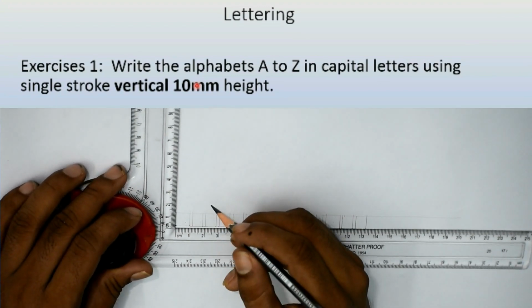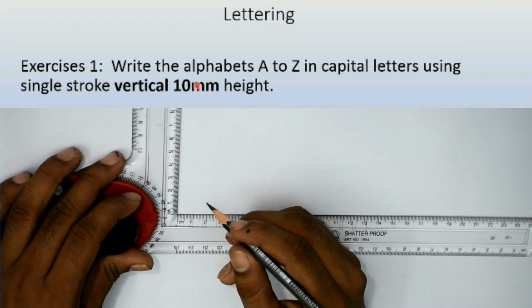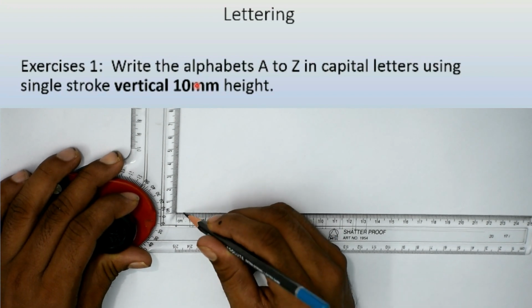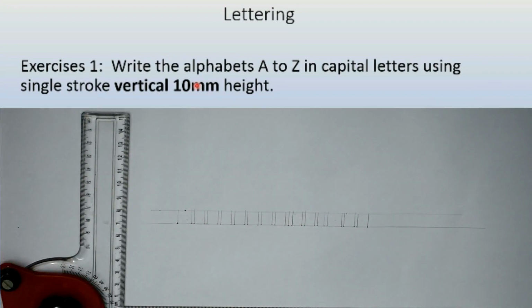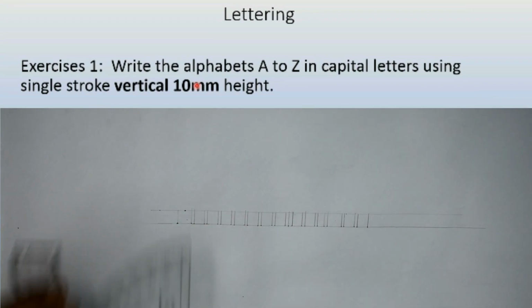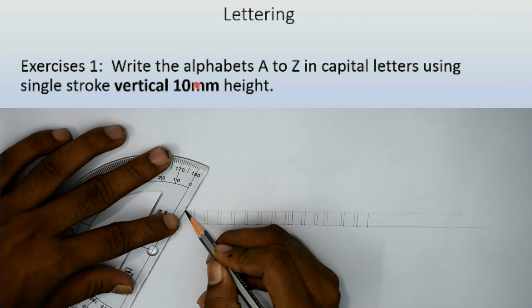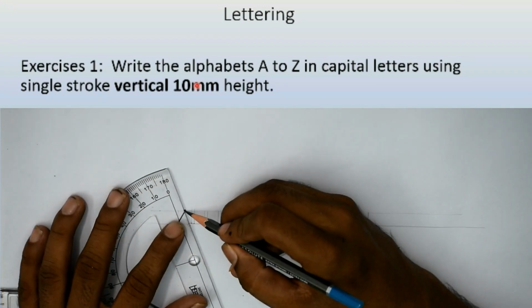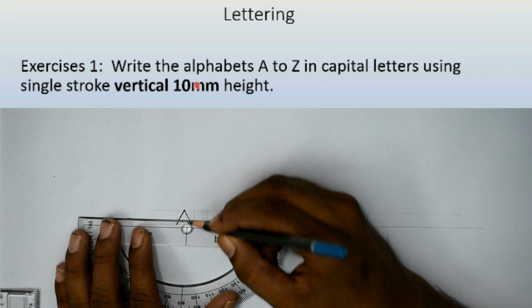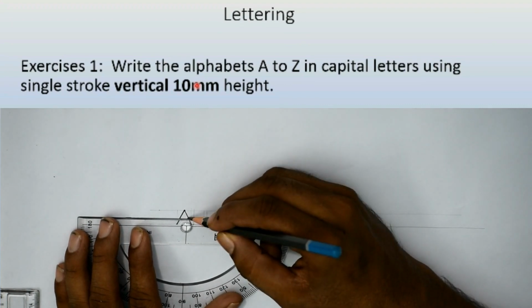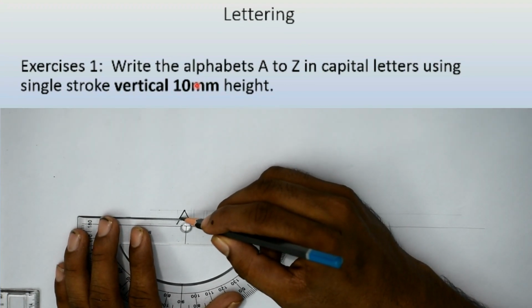I am using a dark pencil here because now I am going to write the actual letters. So we always try to use a scale wherever there are straight lines in the letters.